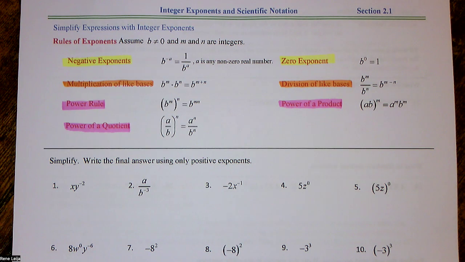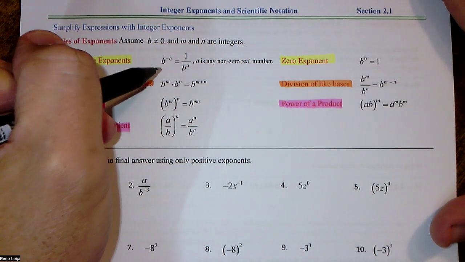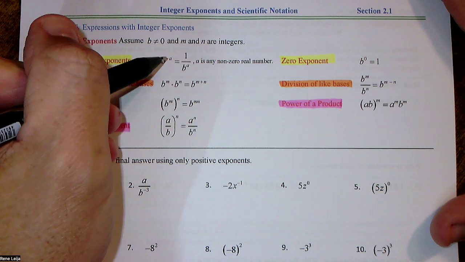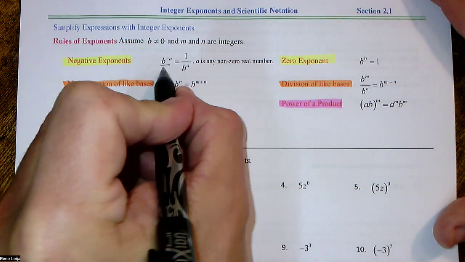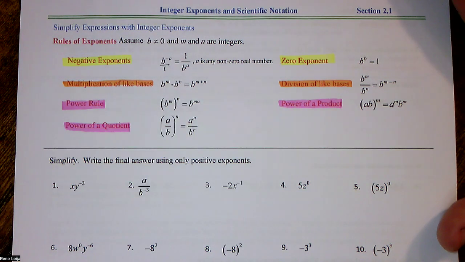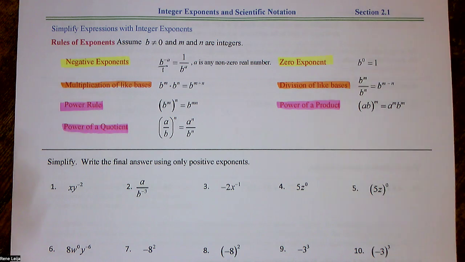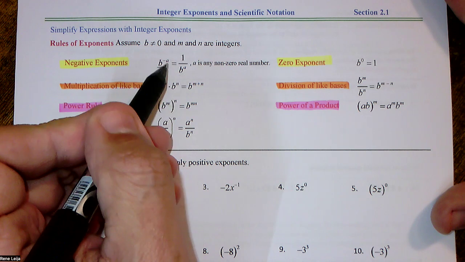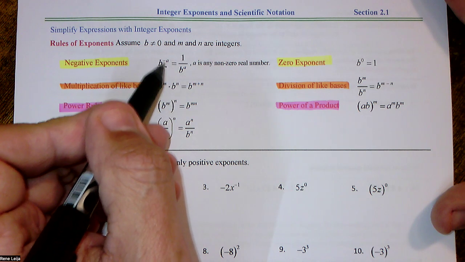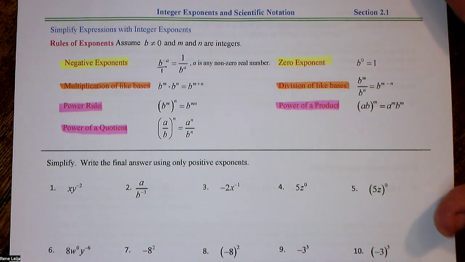Now, the first thing that I want to point out is let's look at your negative exponent rule. Your negative exponent rule says that if you have a base raised to a negative exponent, I can make this a fraction and put it over 1. Now notice, we cannot leave our answers with negative exponents, okay? So if you have a base raised to a negative exponent, then just take the reciprocal, and notice that when your b to the minus a comes down to the denominator, the exponent is positive, okay?